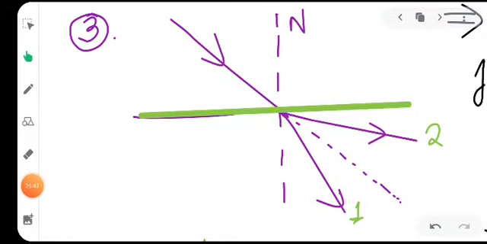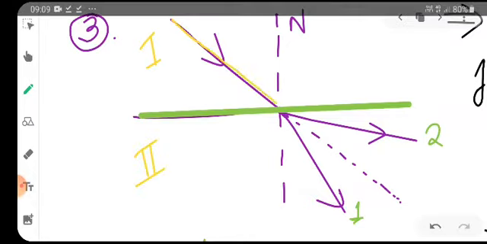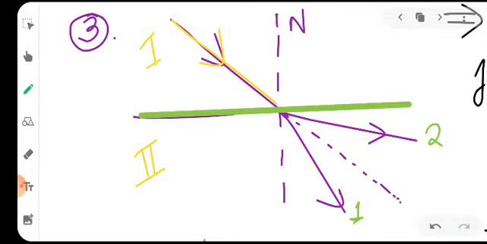So coming to the deviation of the path: when light enters from one medium to another, this ray is called the incident ray. It is incident at an oblique angle, which implies there is a non-zero angle between the normal and the incident ray.